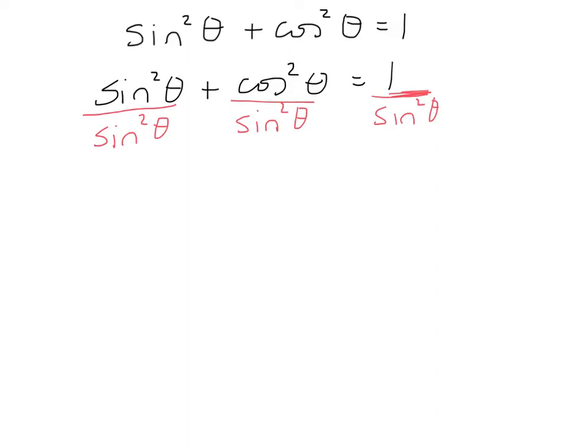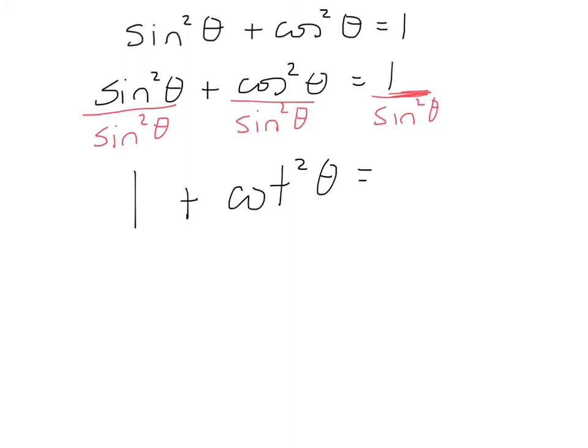Sine squared divided by itself is going to, of course, give me 1. Now, I know that cosine divided by sine is cotangent, because I know that sine of theta over cos of theta is tangent. So the reciprocal, cosine theta divided by sine theta, is going to be the cotangent of theta. Square the functions, and I will end up with the cotangent squared of theta.